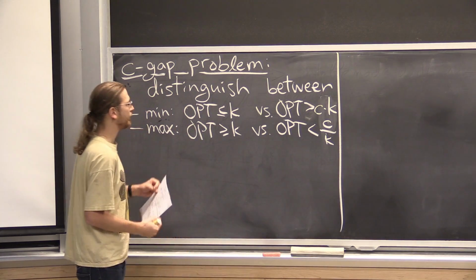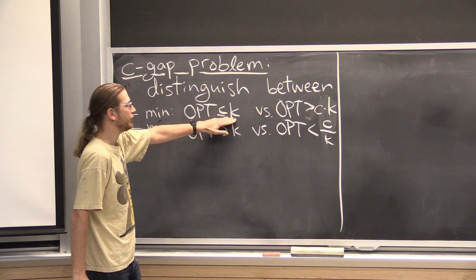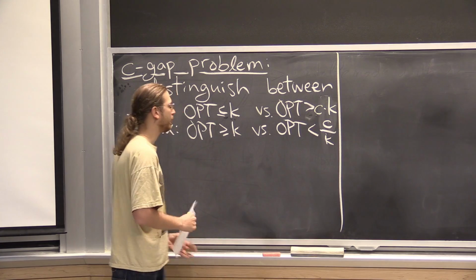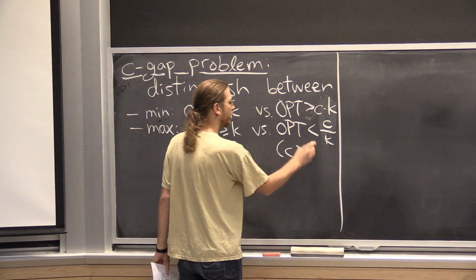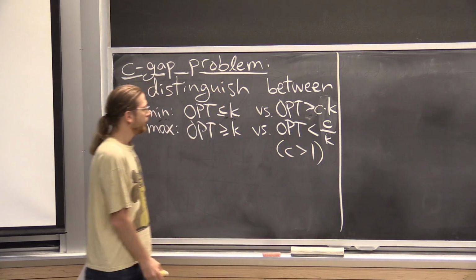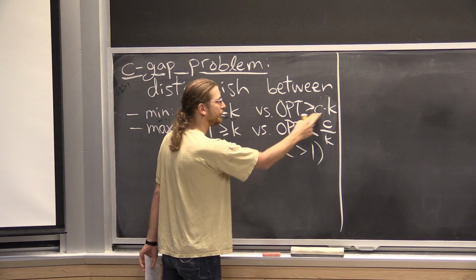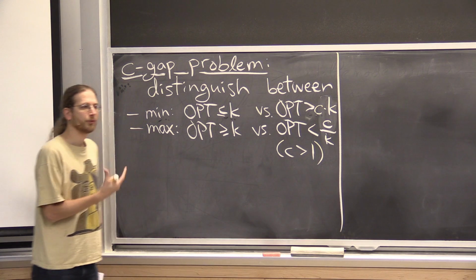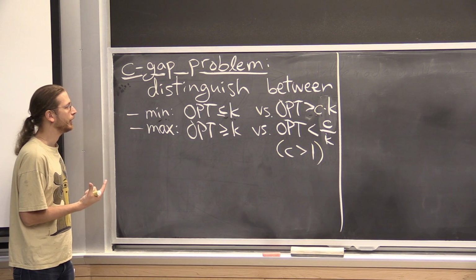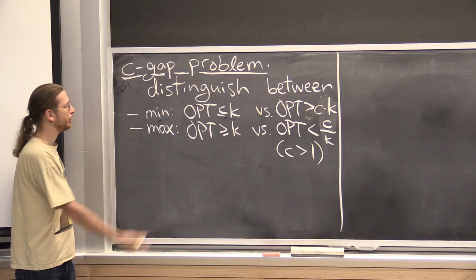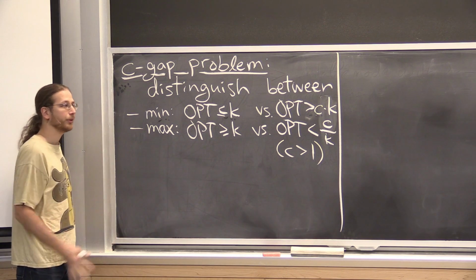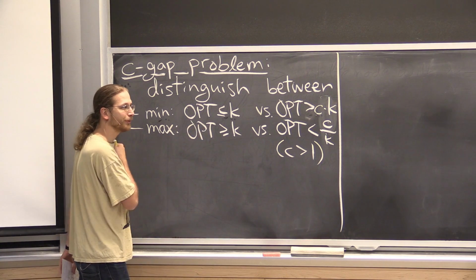Okay, so minimization, there's a gap here between k and c times k. We're imagining here c is bigger than 1. So distinguishing between being less than k and being at least c times k leaves a hole. And the point is you are promised that your input... You have a question?